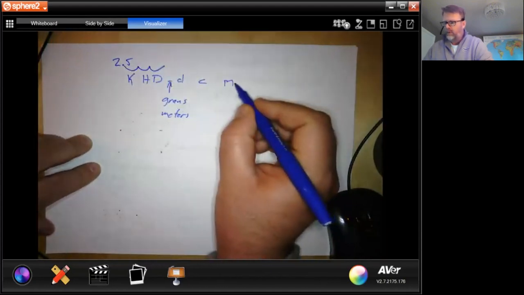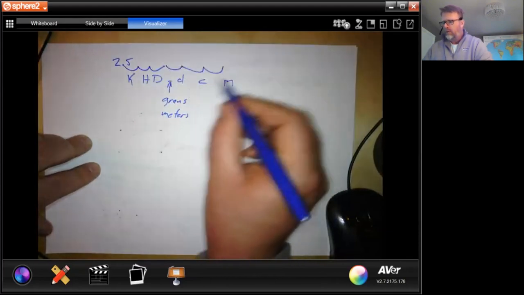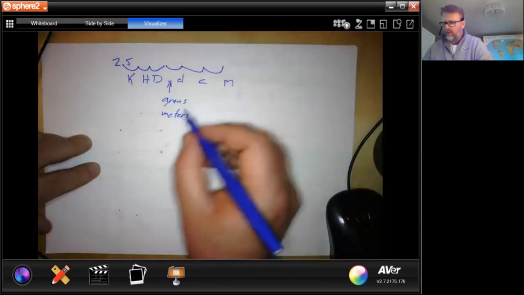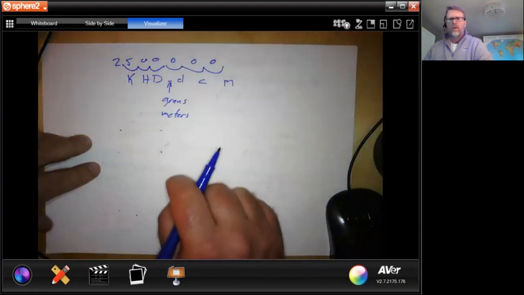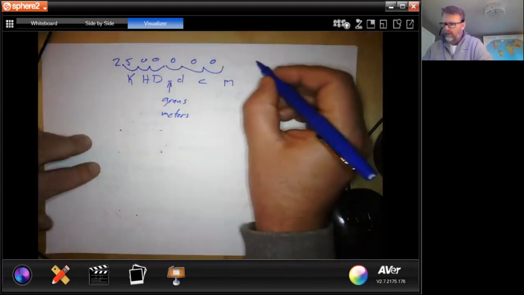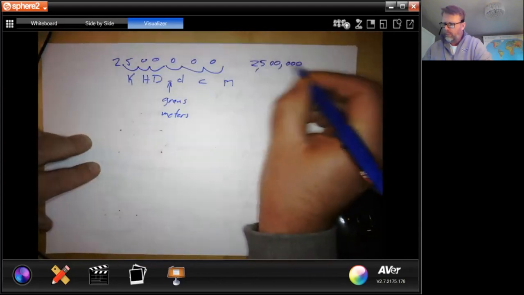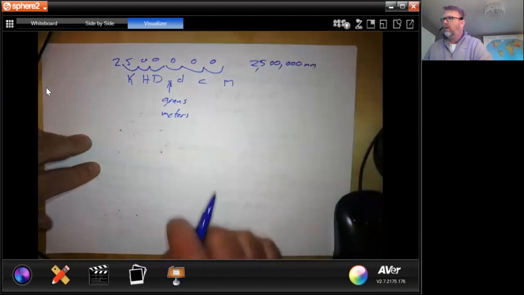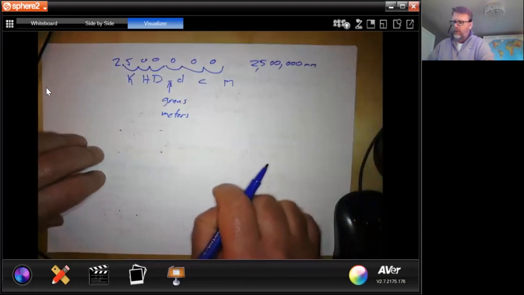But we want to go all the way over to millimeters, so we need to move it 3 more times. And so our final answer will be 2,500,000. Okay, so that's how we do the conversion.